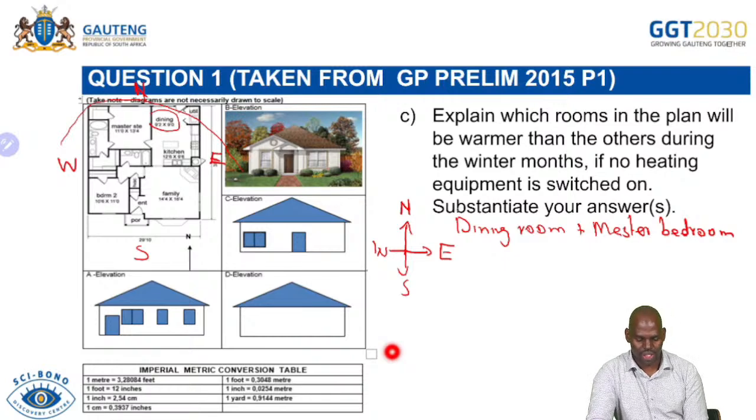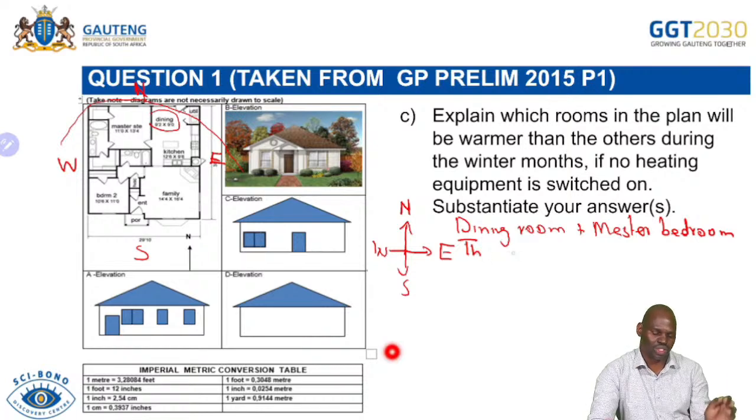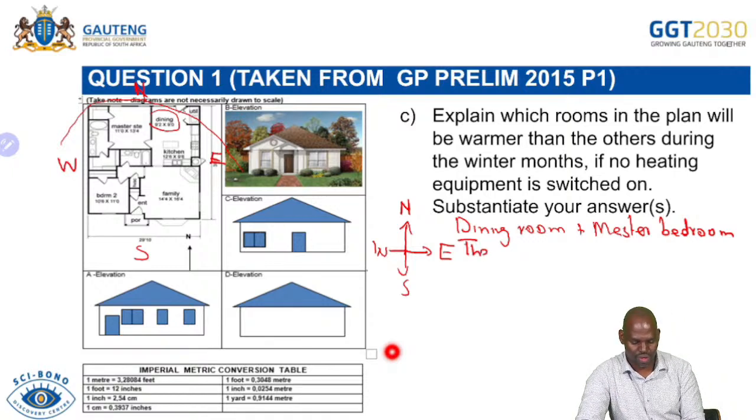Then they say substantiate your answer, because the sun is moving closer to the north. It's moving from east to west, but passing closer to the north.